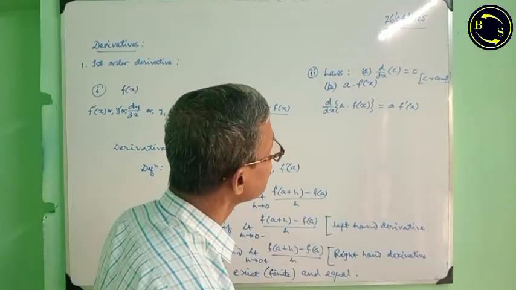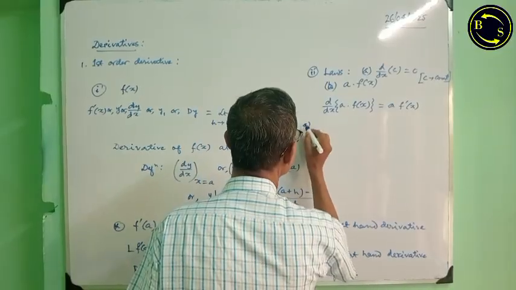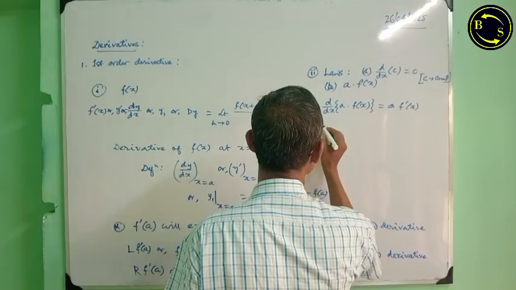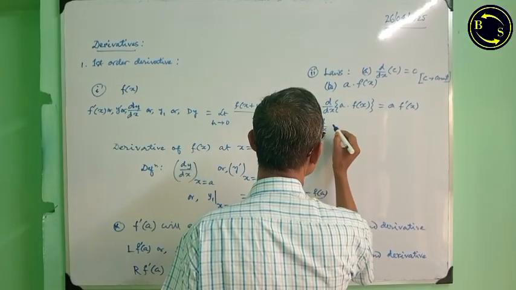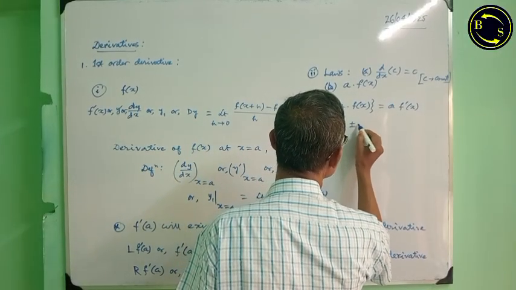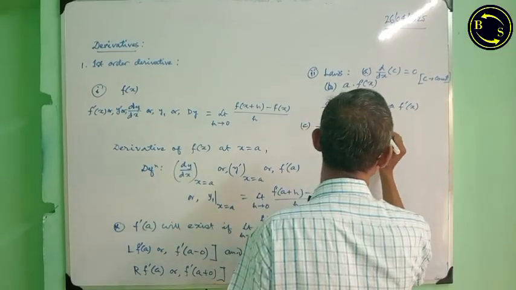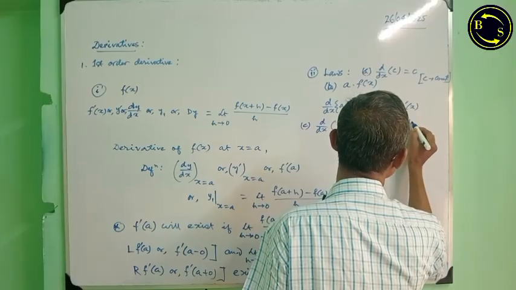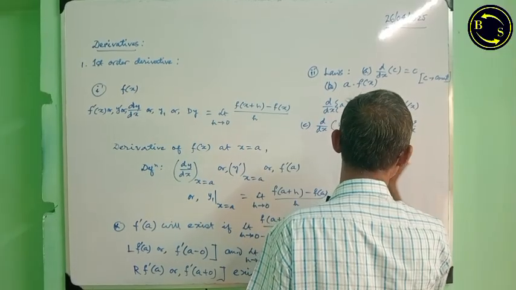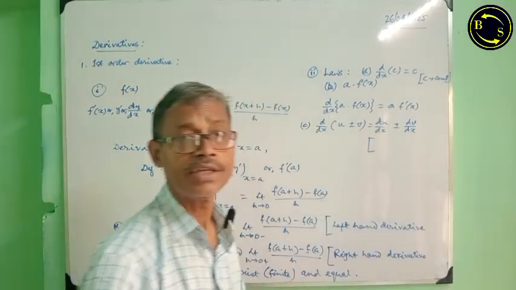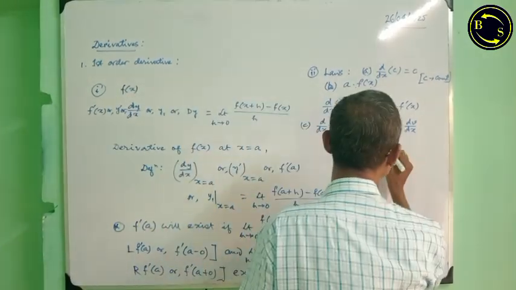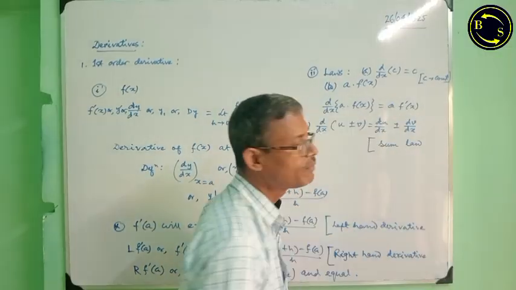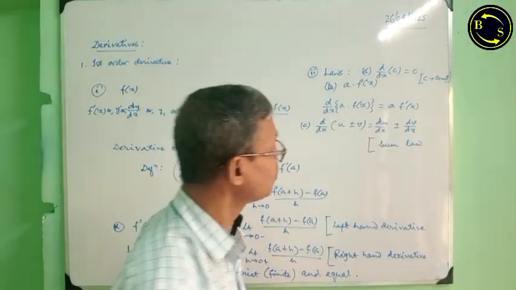Then this one, second one, derivative of sum or difference of two functions, d/dx of u plus minus v is equal to du/dx plus minus dv/dx. In case of plus sign, we call sum law, and in case of difference symbol, difference law.